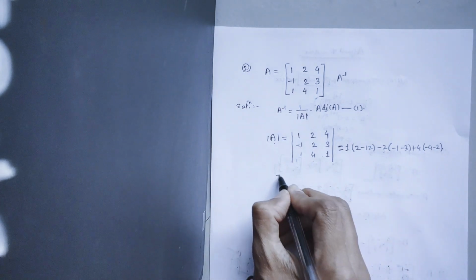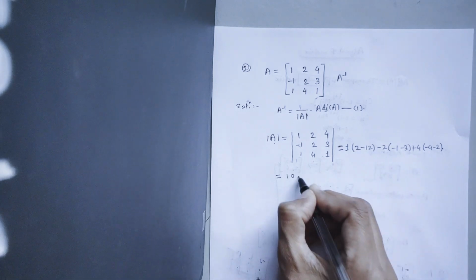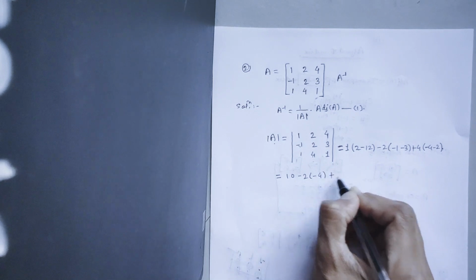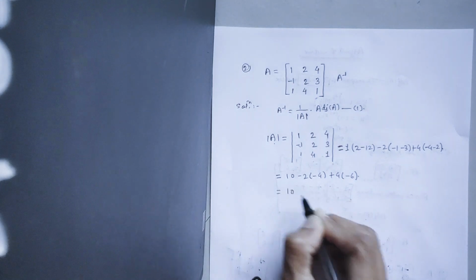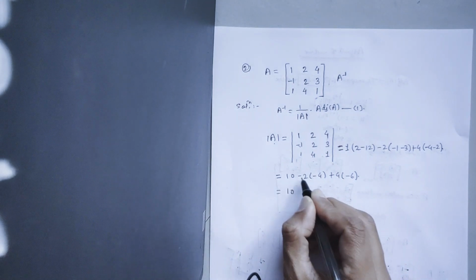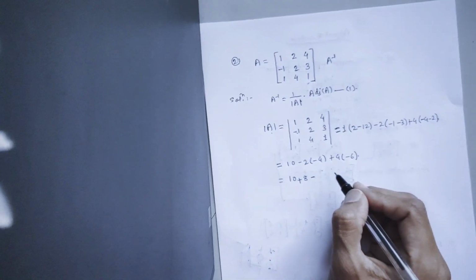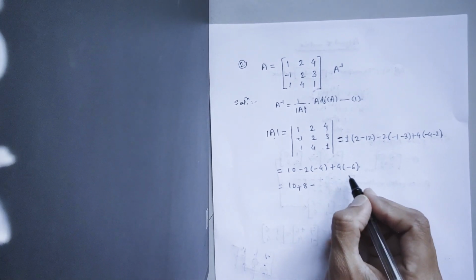So this is equal to 2 minus 12 is minus 10, minus 2 into minus 4, plus 4 into minus 6.